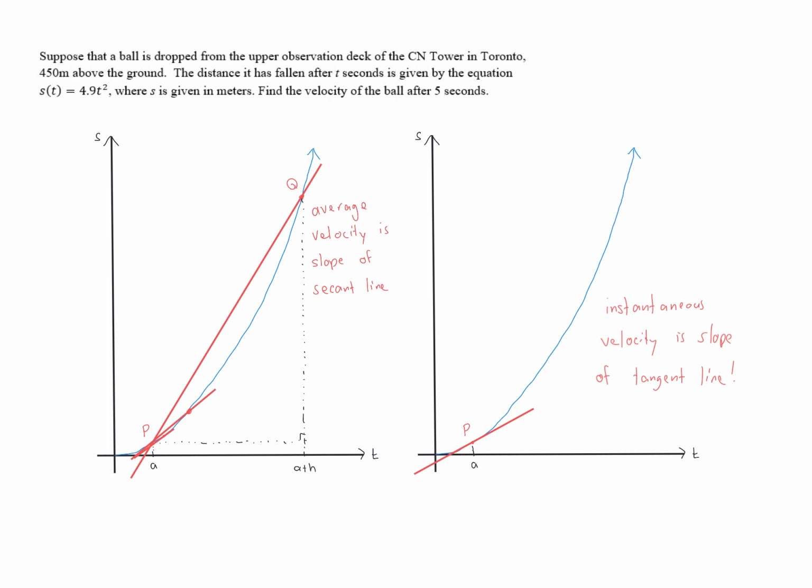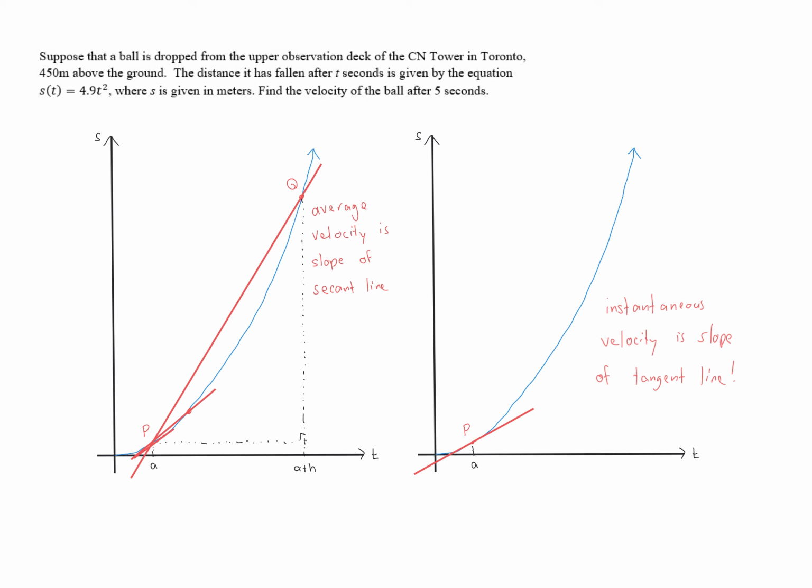Finding the slope of a secant line is easy because we have 2 points and we can take the difference with the rise and the run. But with the tangent line, because it only touches at 1 point, we don't have a nice formula for that. So what we need to do is take secant lines that use smaller and smaller intervals. And when we do that, the secant lines become closer and closer to the tangent line.